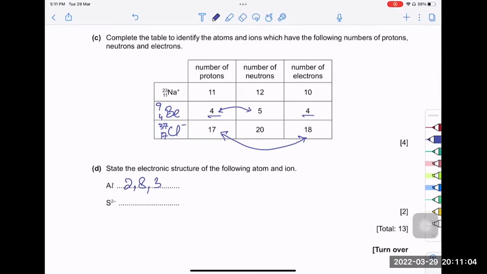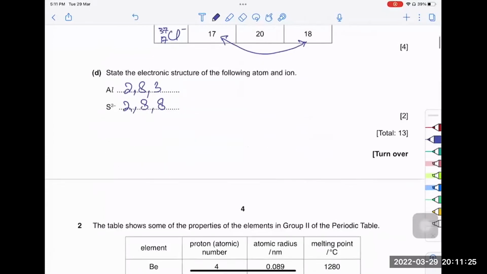So because argon is 2 steps forward, I have to write configuration not of sulfur but of argon. So this is 2, 8, 8. Do you all understand this? -2 means you have to write the configuration 2 steps further. Positive means you have to write 2 steps back. That's how these work.